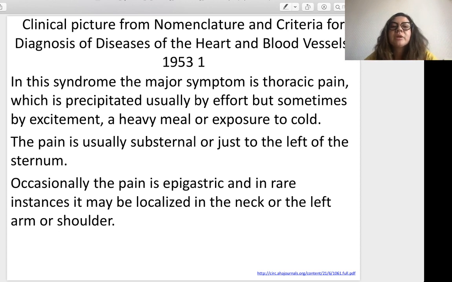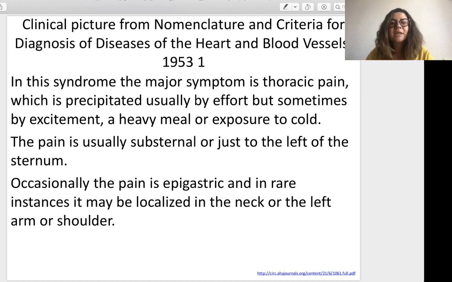Clinical picture from the nomenclature and criteria for diagnosis of diseases of the heart and blood vessels. It is younger, from the last century, but it is historical information too. In this syndrome, the major symptom is thoracic pain, which is precipitated usually by effort but sometimes by excitement, heavy meal, or exposure to cold.